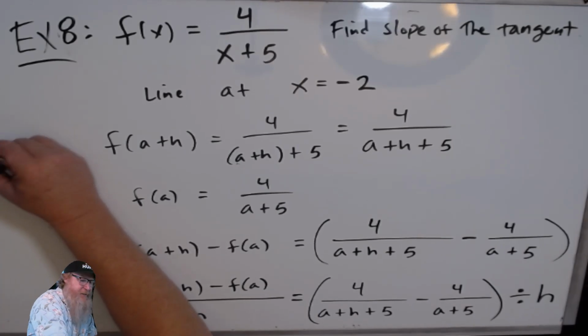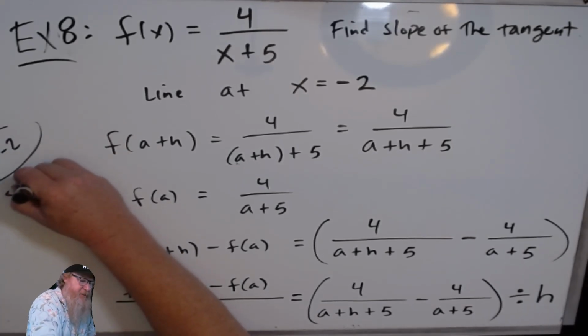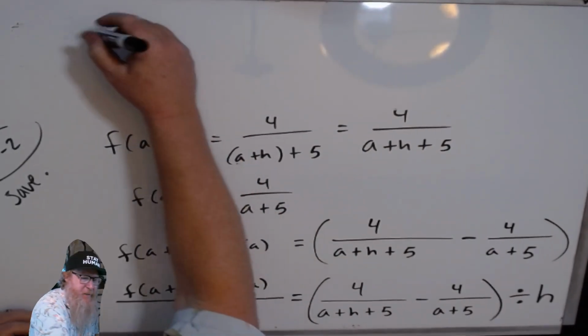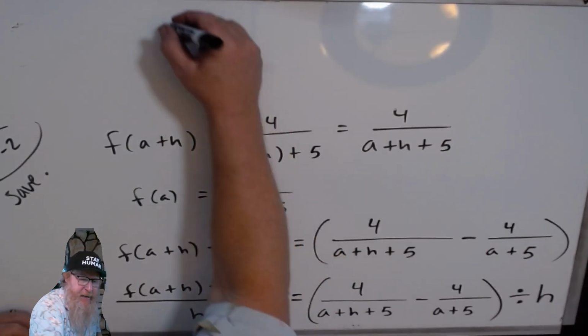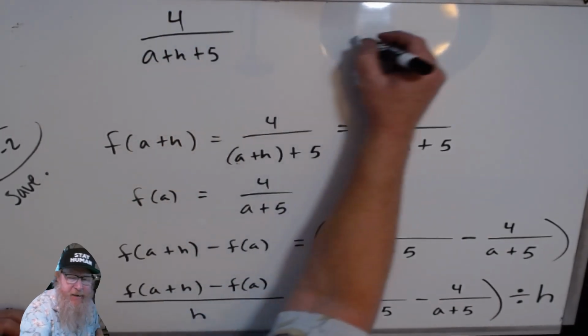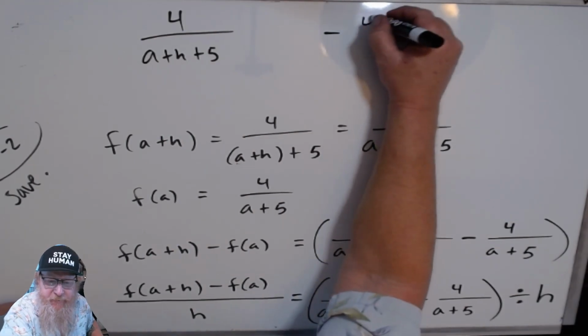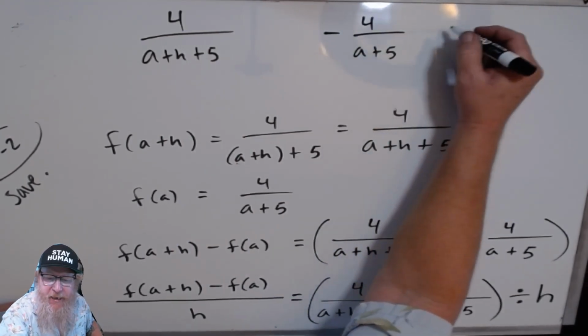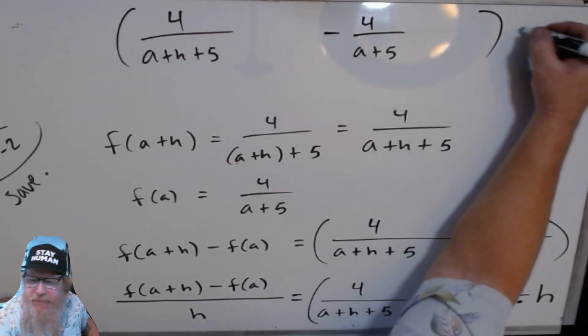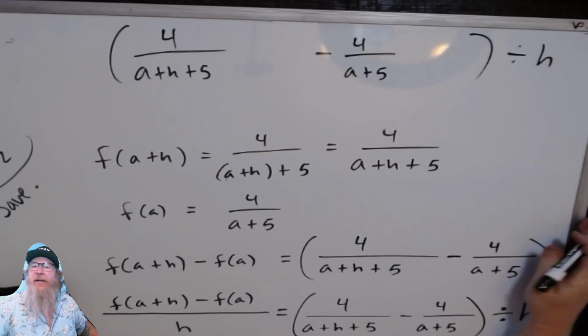So I got x equals -2. I'm just going to save that. So what do I got? I got 4 over a plus h plus 5 minus 4 over a plus 5 divided by h.